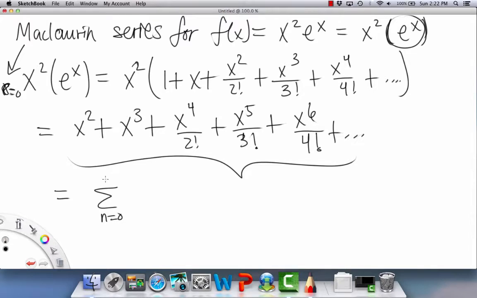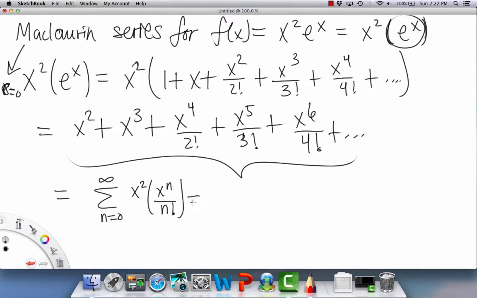There's a few different ways to write one series. This is like saying x squared times the sum of x to the n over n factorial. It's like we just took everything in parentheses that you see here, which was the Taylor series expansion for e to the x from the last slide, and we're multiplying all of the terms by x squared, because that's what we did: x squared times the first term, x squared times the second term, and so on.